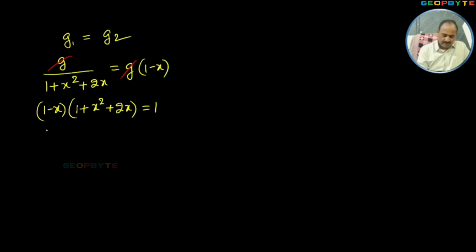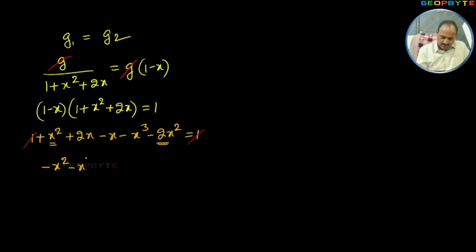Let us expand it. 1 plus x square plus 2x minus x cube minus 2x square equal to 1. The 1 minus 1 is cancelling. Let us simplify it. It is x square minus 2x square minus x cube plus 2x minus x plus x is equal to 0. Otherwise, x square plus x minus 1 equal to 0.